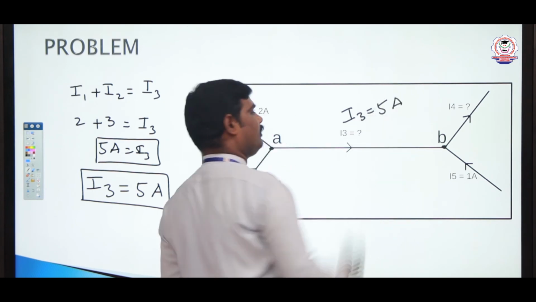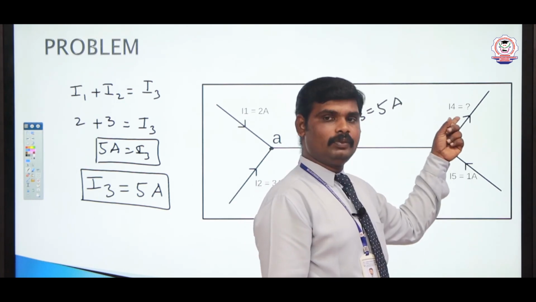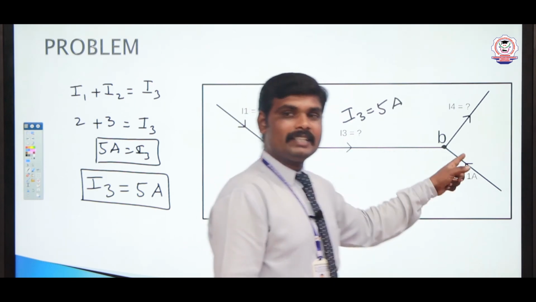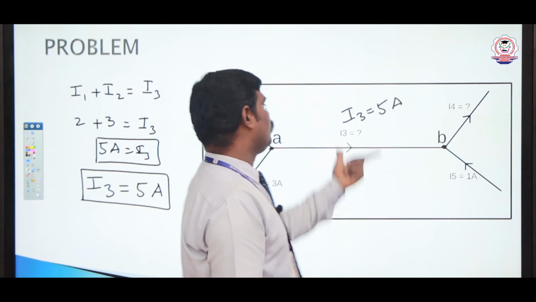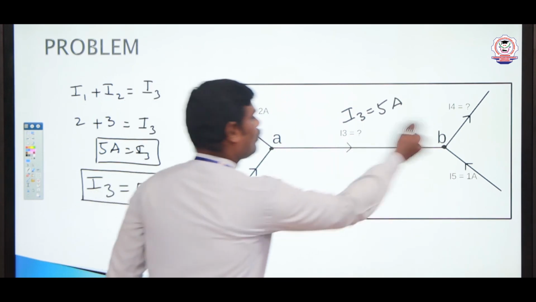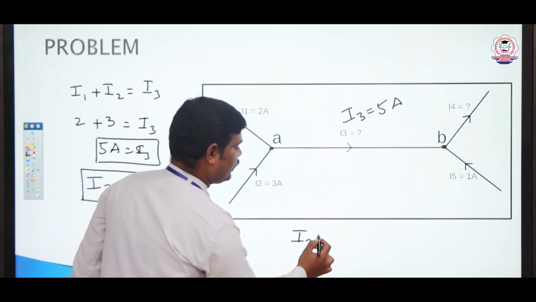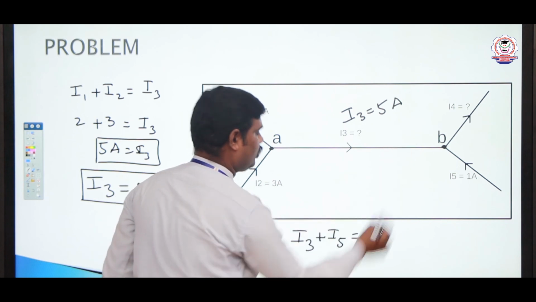Now, we know the I3 value, and I5, so we can find out this unknown value. For this junction, the 2 currents are entering and only one is leaving. So, we can write the formula for this junction: I3 plus I5 is equal to I4.